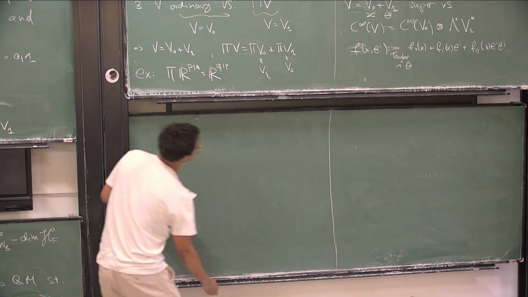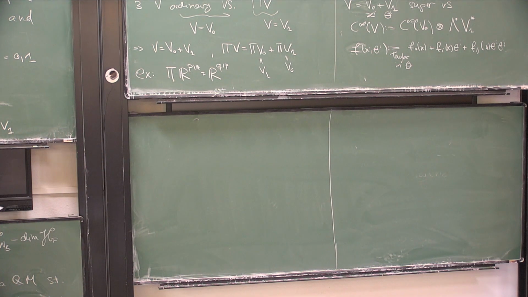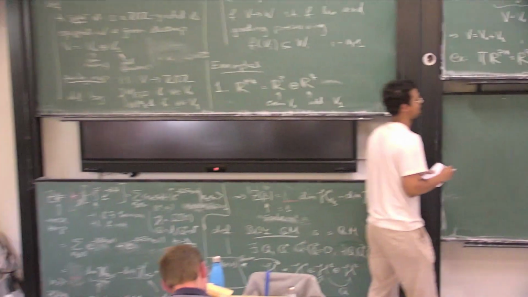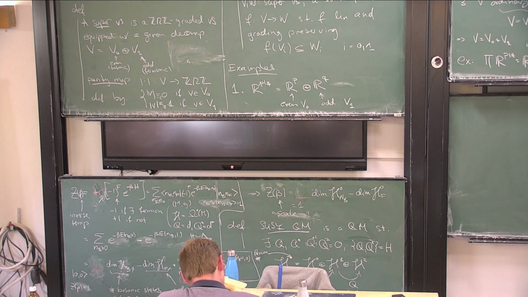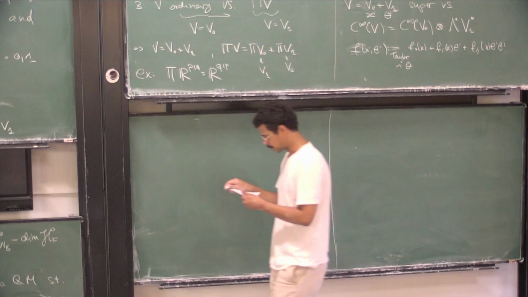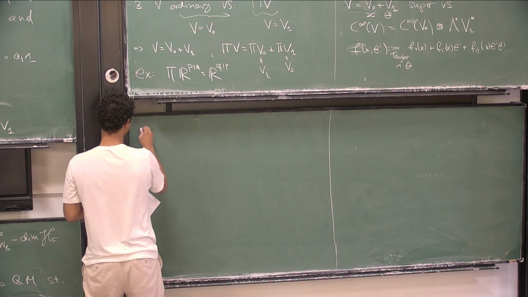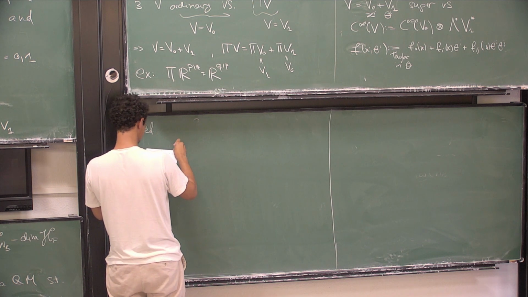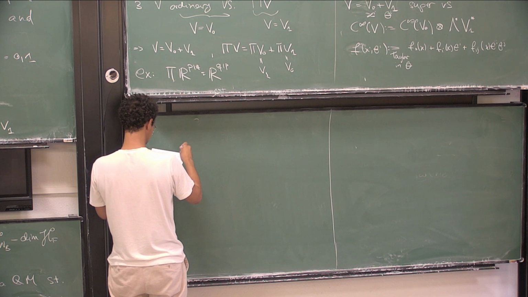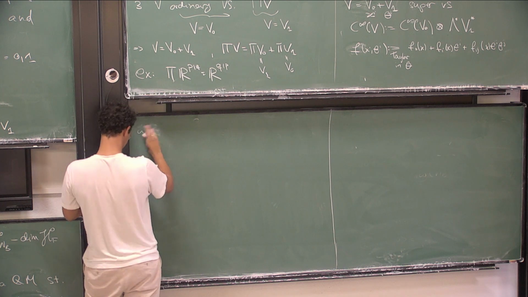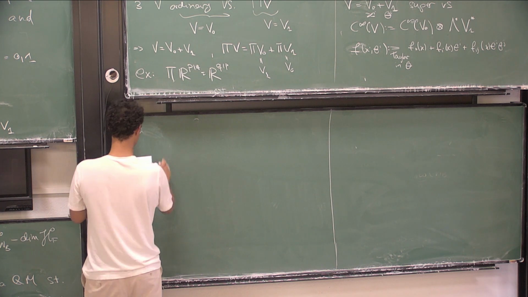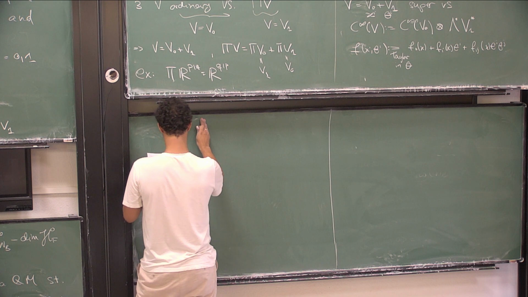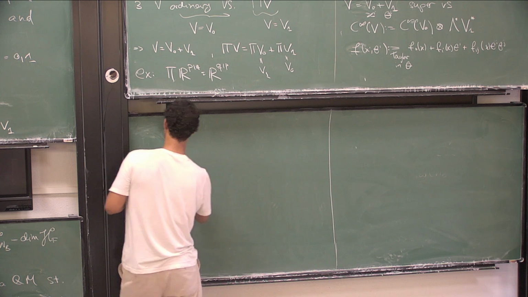Now, since we're talking about functions, we would probably like this to be an algebra, so we would like to have the notion of a superalgebra. Let's give an example.